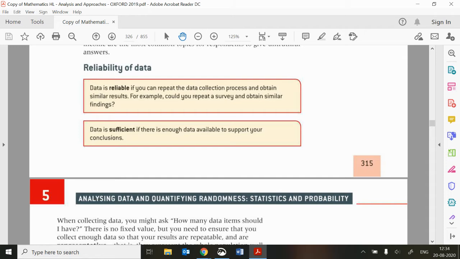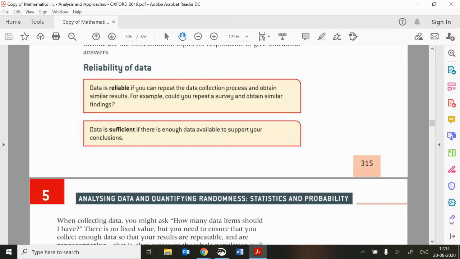We can say that this is reliable if, when you repeat the data collection and then analyze that data and obtain results, then each time that you do that, the outcome to what you find out from this survey, from your results, is likely to give you a similar outcome or similar findings.